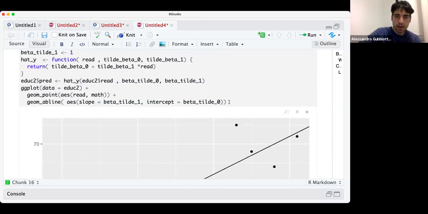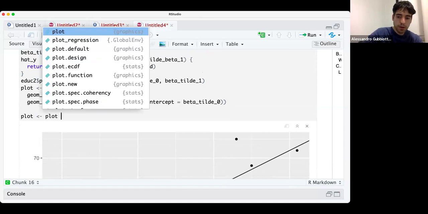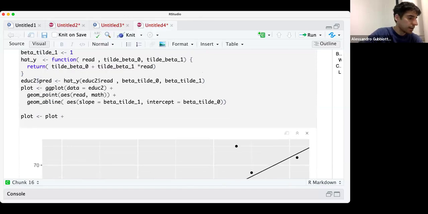Let me add to this plot, let's save it into the variable plot, and then plot is equal to plot plus what? Well, I need to do a segment, so geom_segment.